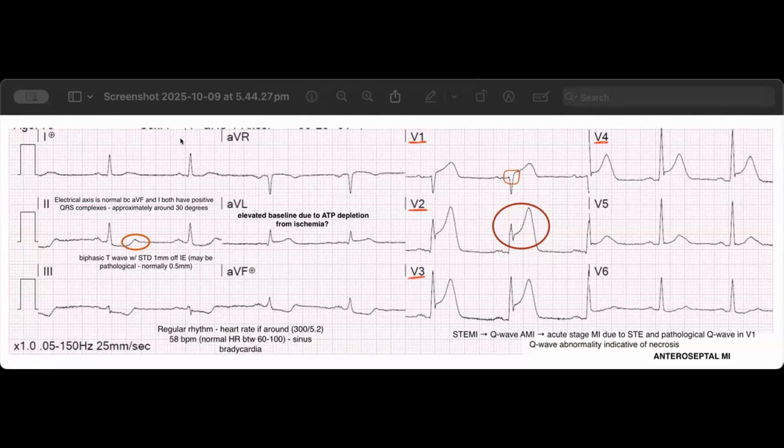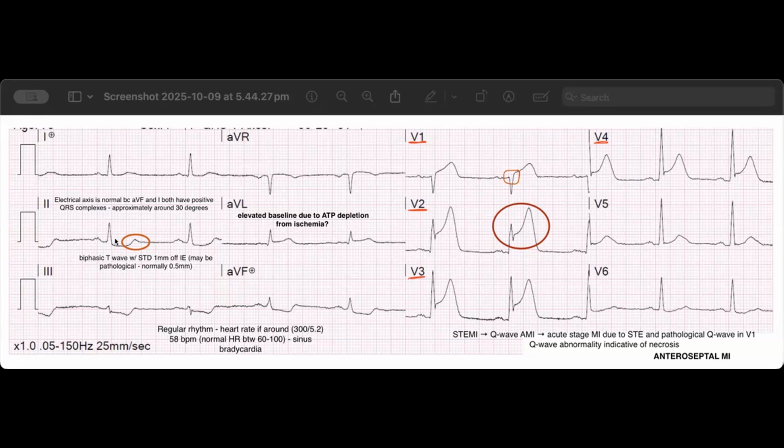So that's a heart rate of about 58 beats per minute, which is bradycardia. And if we evaluate aVR, we have a negative QRS complex, and a positive QRS complex in lead 2, which is normal. So we would assume that this is sinus bradycardia.